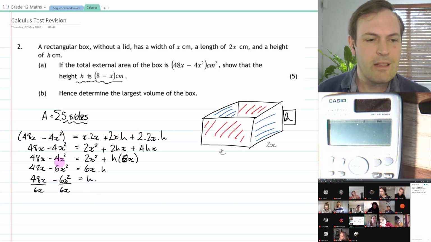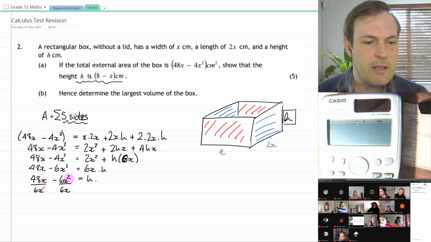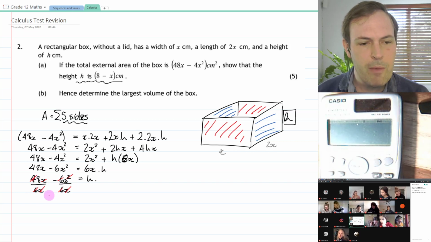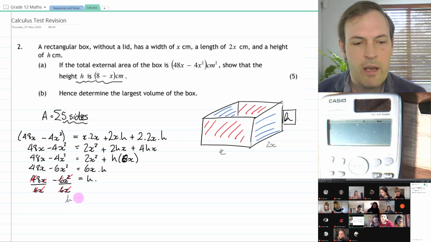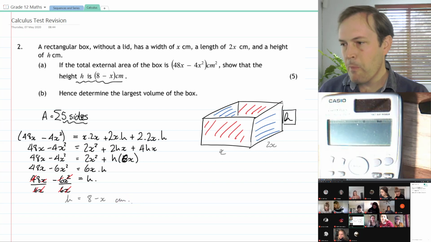Simplifying this, the x's are going to cancel. That x cancels with the squared. The 6 cancels with 48 to leave me with 8. And so, hey presto, h is equal to 8 minus x centimeters.